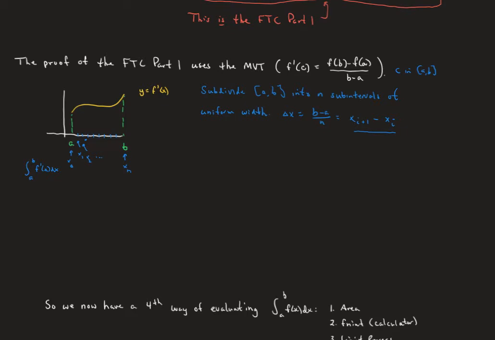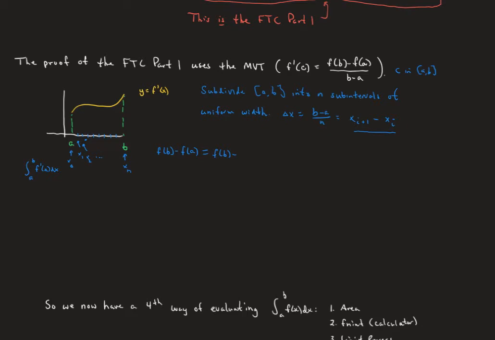Okay, so here's how our proof starts. We're going to start with f of b minus f of a. The claim is that whatever that number is, f of b minus f of a is equal to f of b minus, and now actually I'm going to change the numbering.